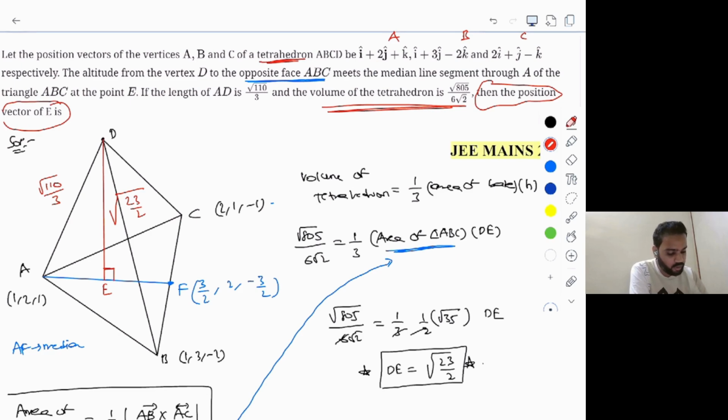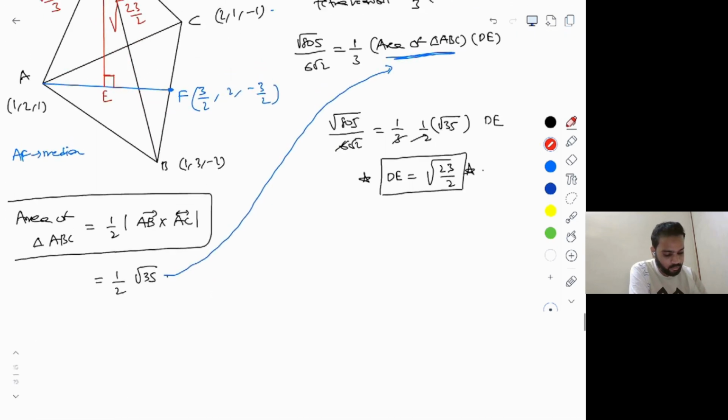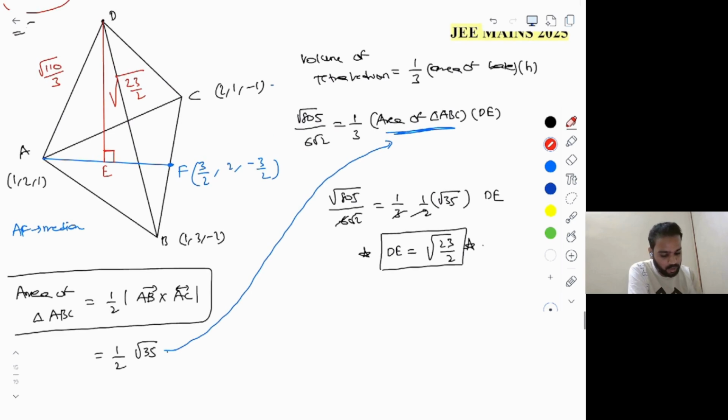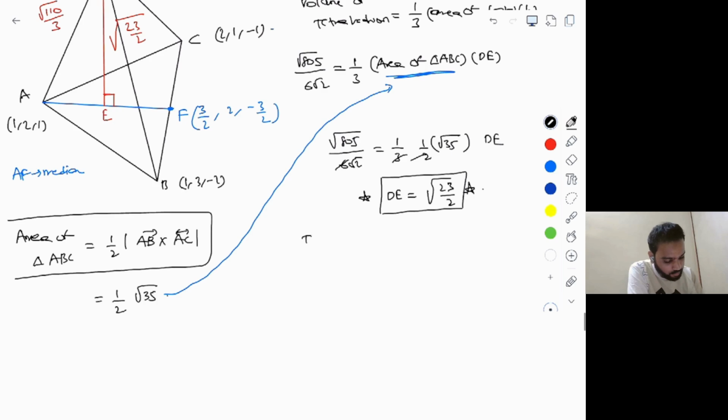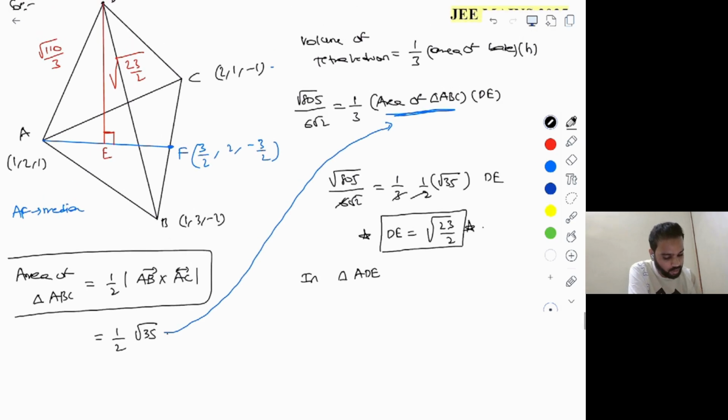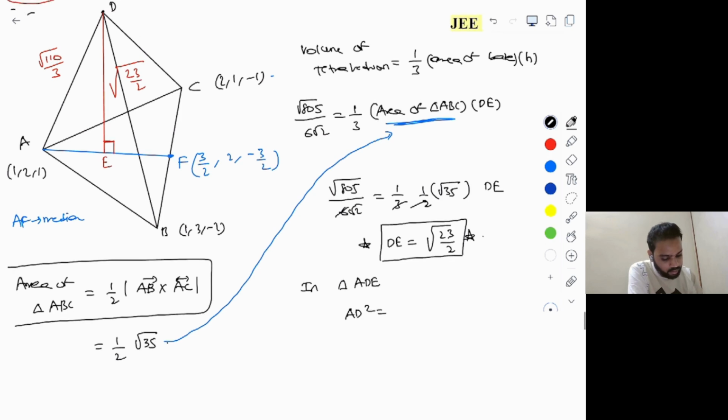Okay. So for that, what I'm going to do is, first thing, there is a right angle triangle that you can see here. The triangle ADE is a right angle triangle. So I'll mention that here. In triangle ADE, which is a right angle triangle at the vertex E, I'll apply Pythagoras theorem. Which means AD square is equal to AE square plus DE square.